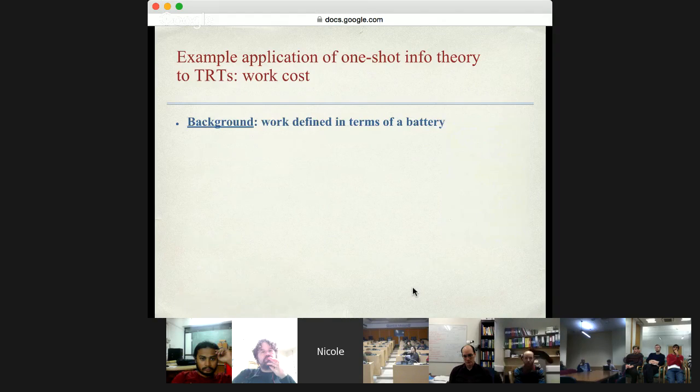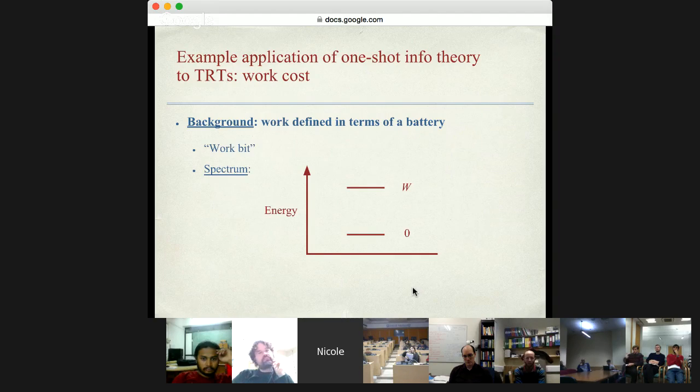I haven't actually defined work in thermodynamic resource theories. I'm not sure if anyone's noticed, but it is something that needs defining. This is a very simple model that's often used in thermodynamic resource theories. It's called a work bit, or sometimes a wit for short. I'm sure that coming up with that shortened phrase was very witty.